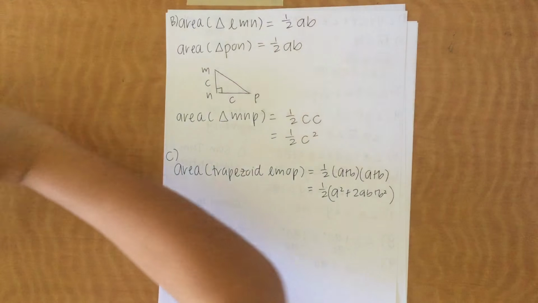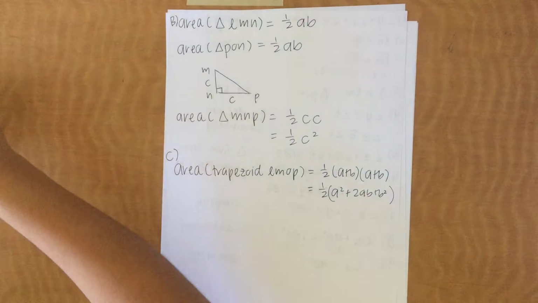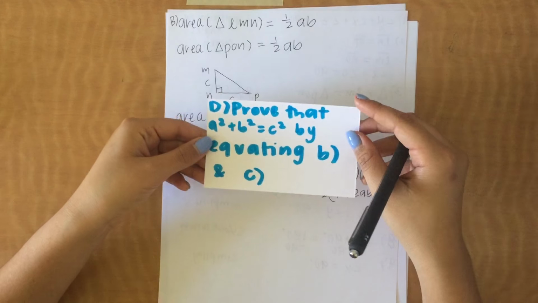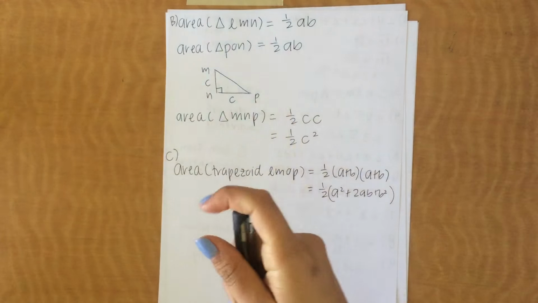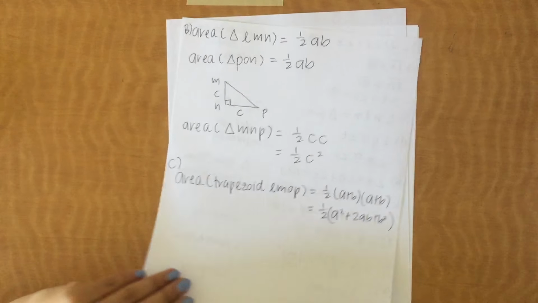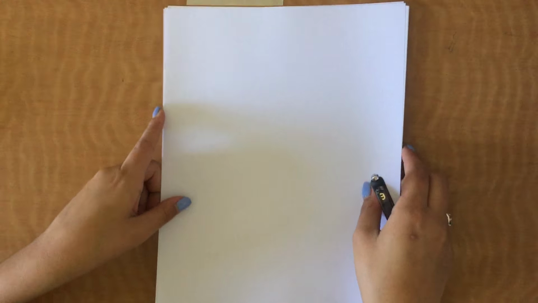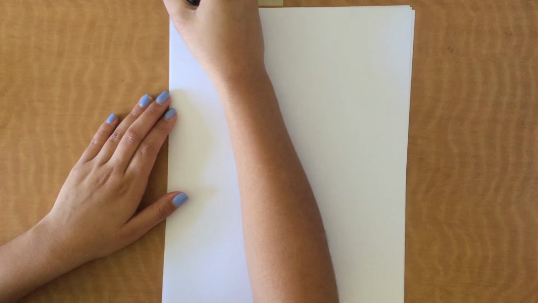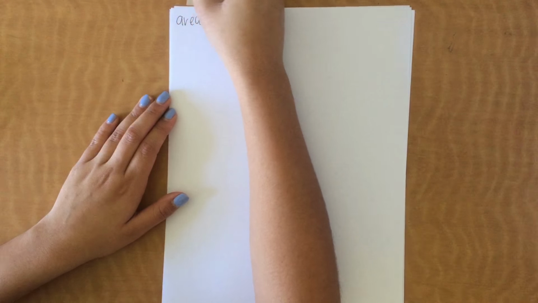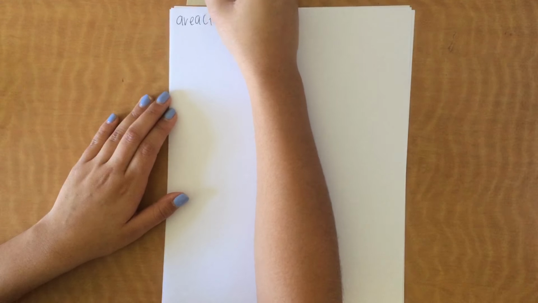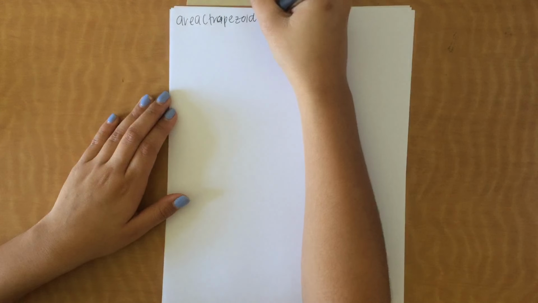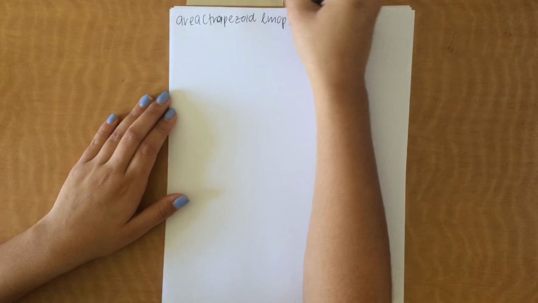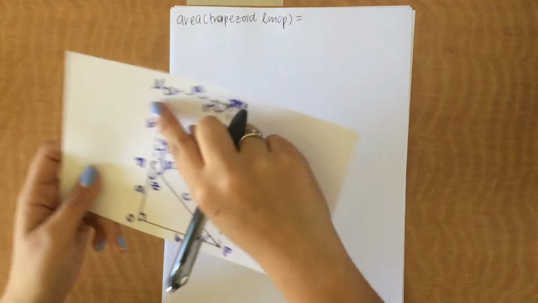And then the last part is prove that A squared plus B squared equals C squared by equating the areas. So we'll have the area of the whole thing, trapezoid LMOP, is equal to the area of the three triangles.